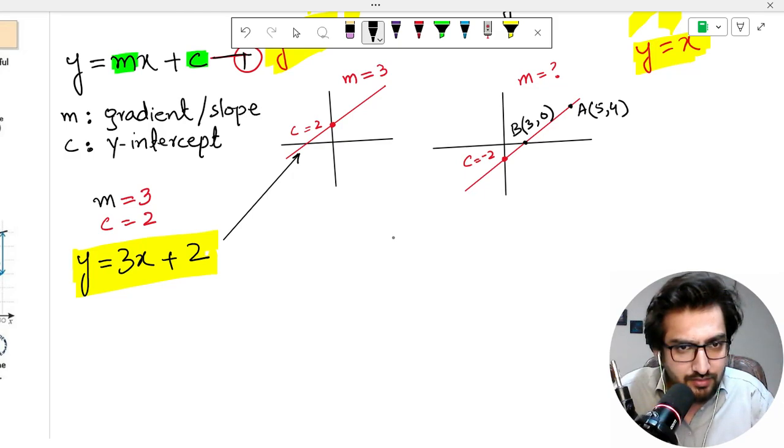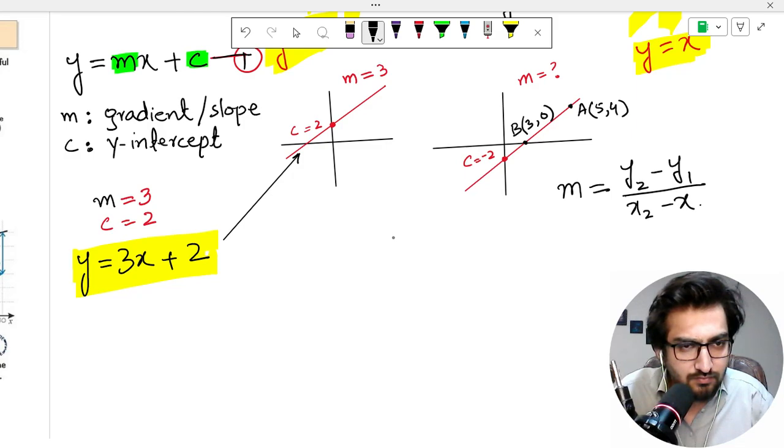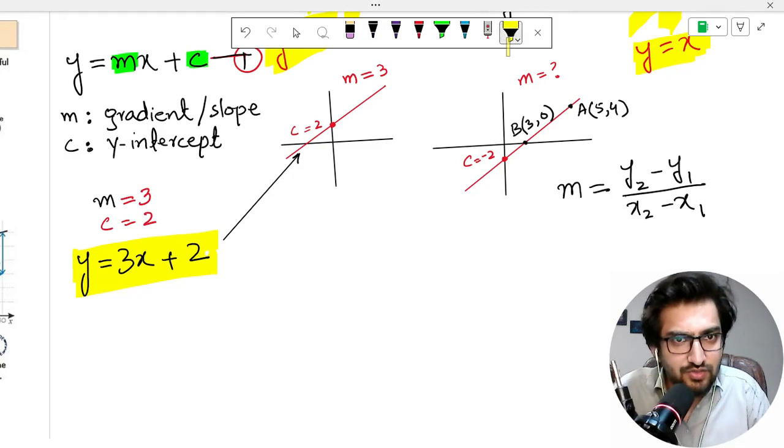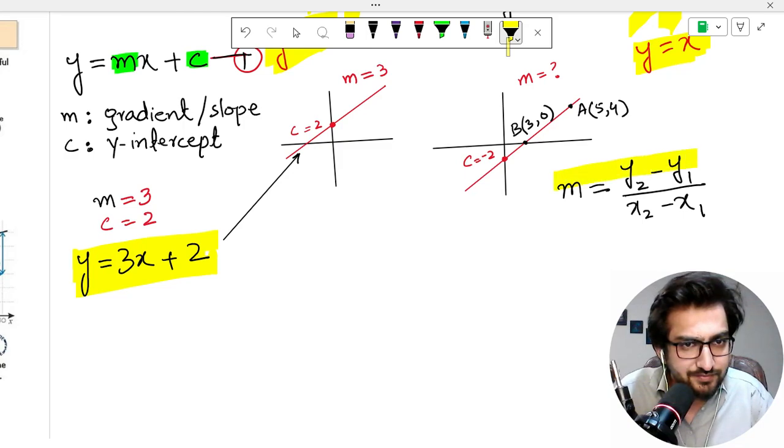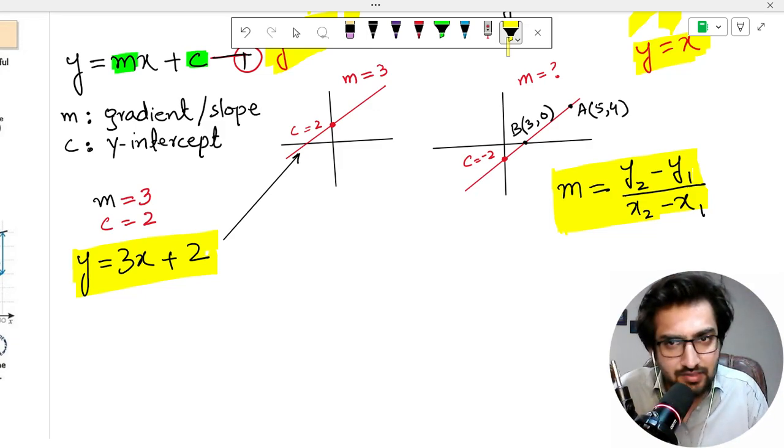So let's use that formula for gradient. This is the formula which I explained in the last lesson. We need gradient to find out the equation of the line.